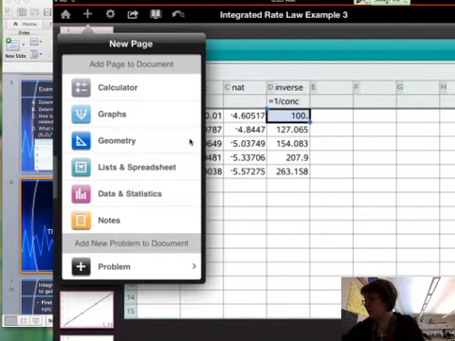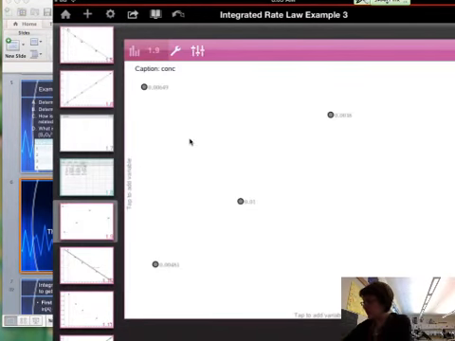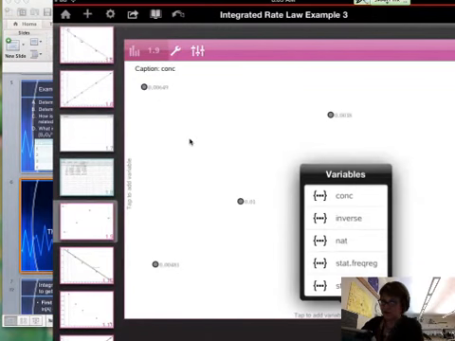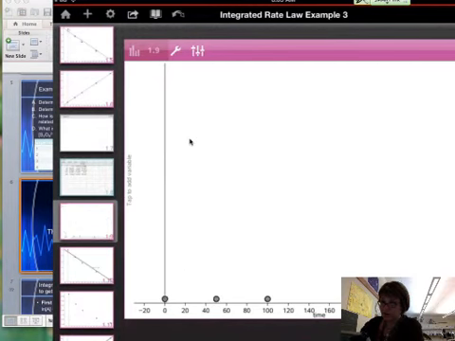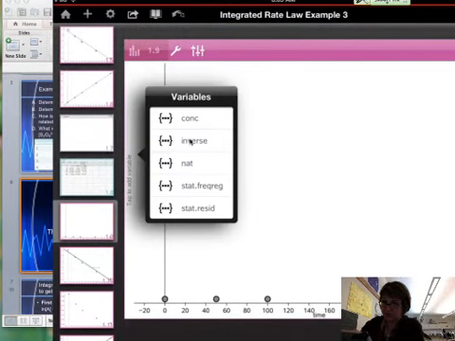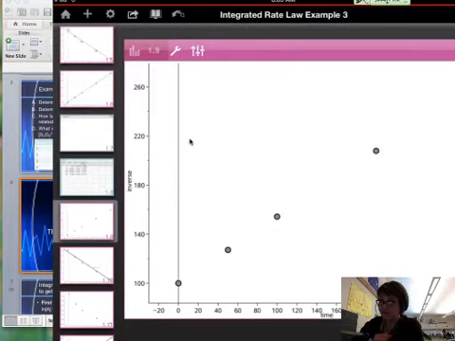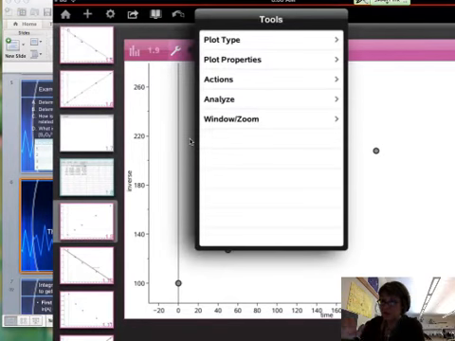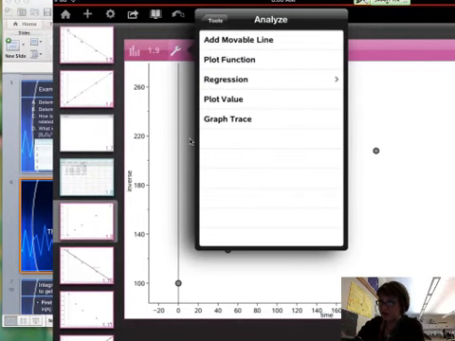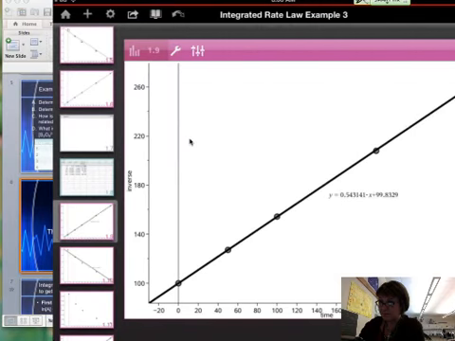On a graph, if I were to plot time on my x-axis and the inverse of my concentration on the y-axis, we want to get an actual straight line, a really straight line, not just kind of sort of straight. Let's see, how's that look? Now the last one looked straight to me, but this one looks even straighter. Let's put the equation of our straight line and see what it turns out to be. Wow, all of the points are lying along my line. That's a much better straight line than what we had before, don't you think?